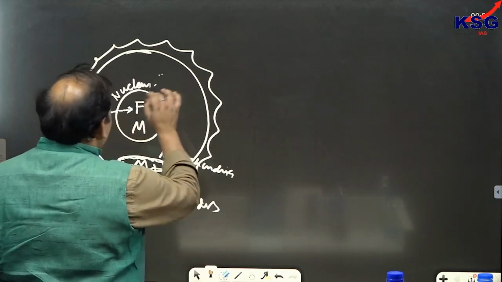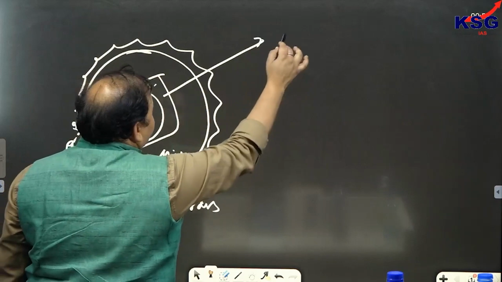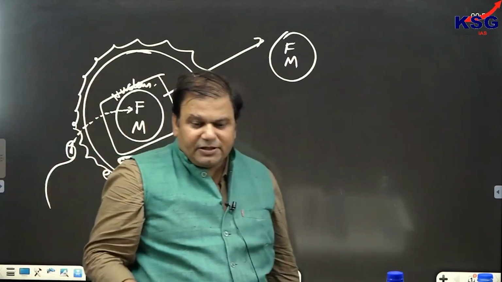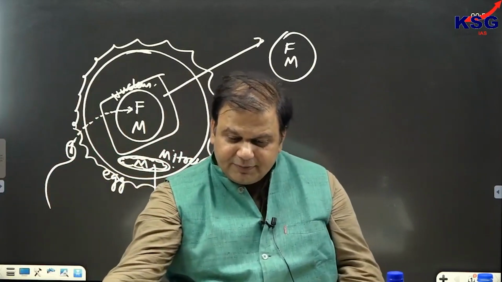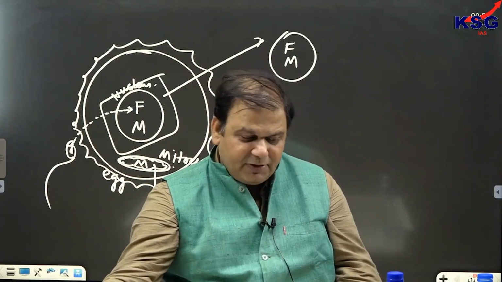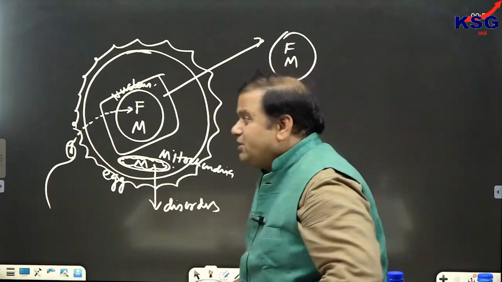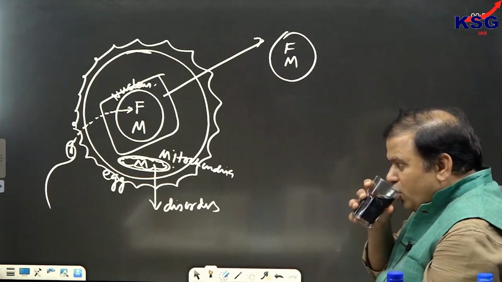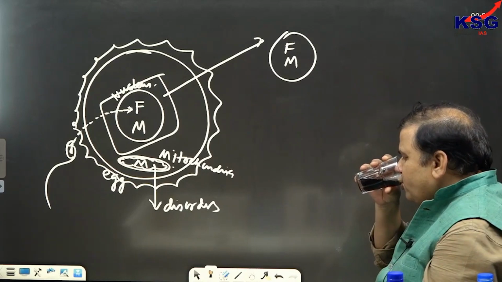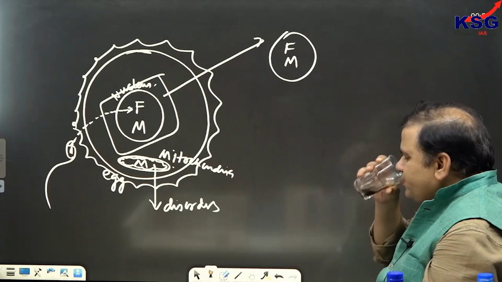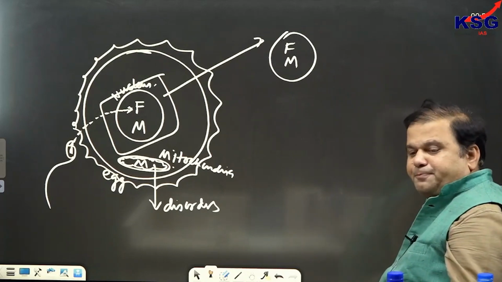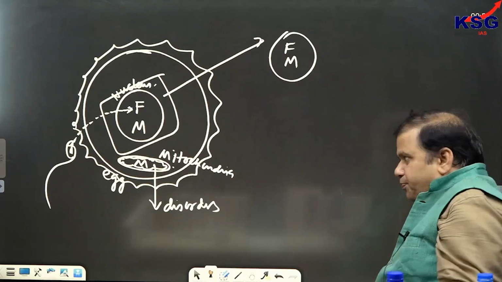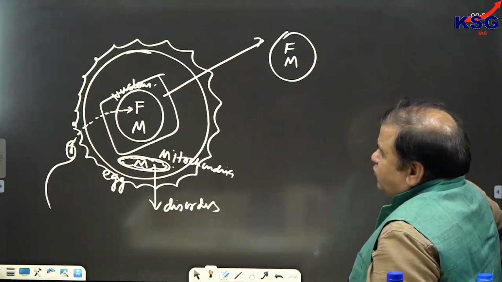We mechanically remove the nucleus from the fertilized egg, which has the genetic material of both father and mother. Then we throw away, discard the cell.